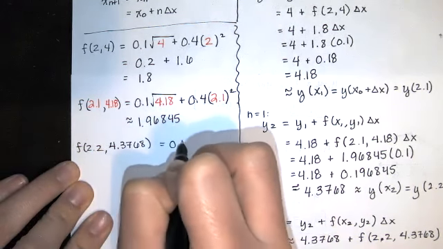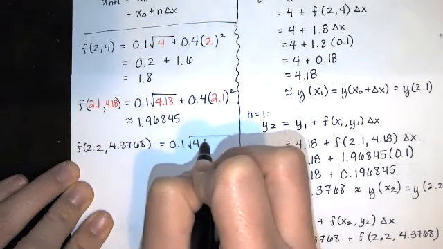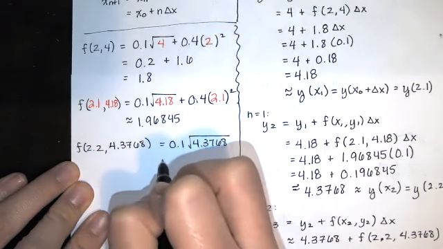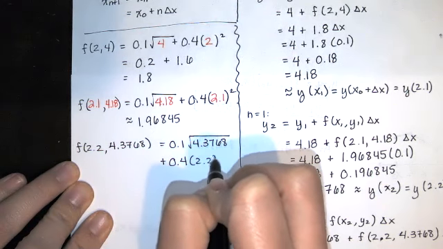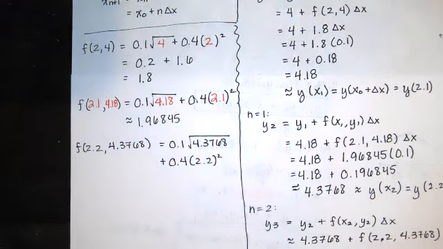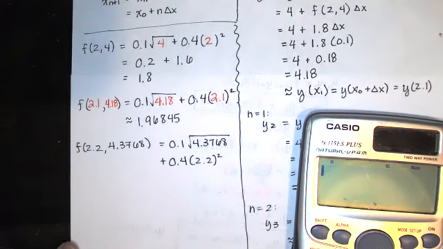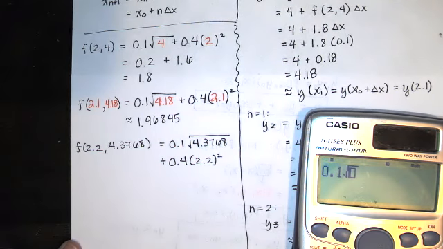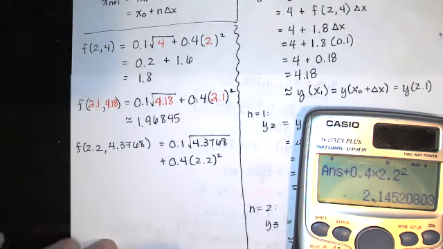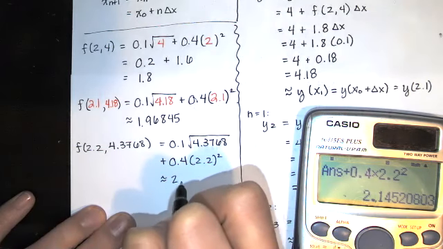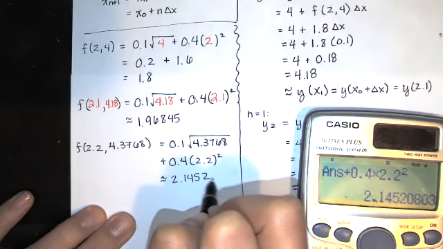So we have 0.1 times the square root of 4.3768 plus 0.4 times the x value of 2.2, and we're going to square that. Then we're adding 0.4 times 2.2 squared. And that gives us a slope of approximately 2.1452.